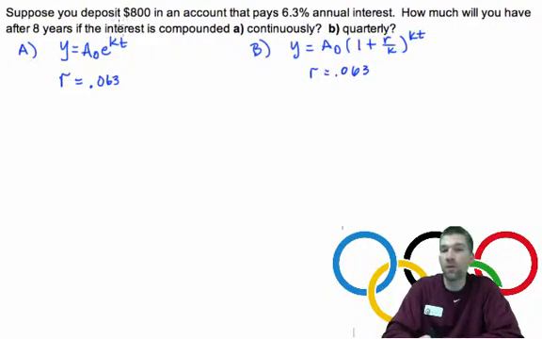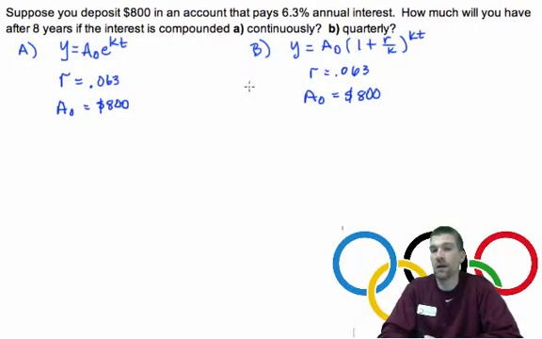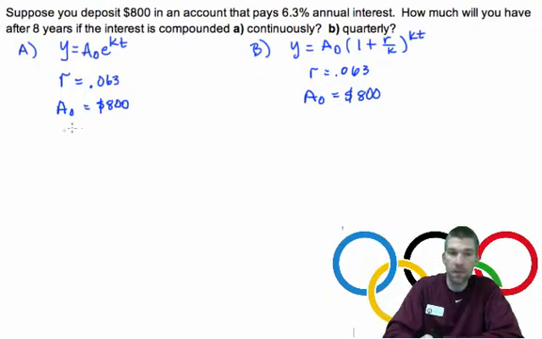We know that our initial value is $800, so A0 is equal to 800. How much will you have after 8 years? We've got this set up. One last thing, t is 8.